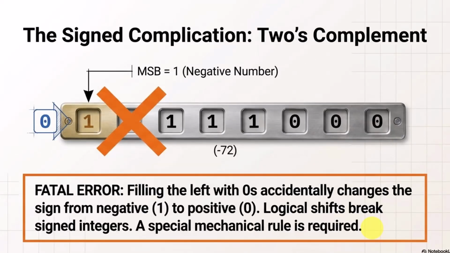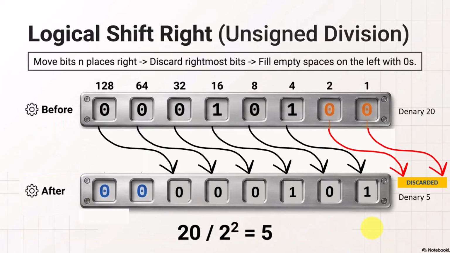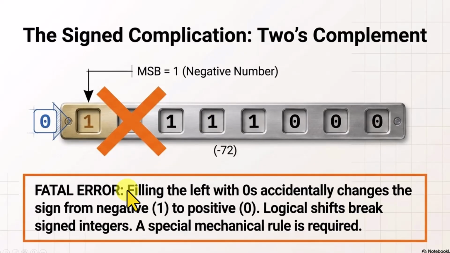If we perform this with the logical shifts, if we have a 1 here and that is our sign bit, that is not a part of the number. It does not work with that, because the MSB in signed integers is not a number, it's not a part of the number, it's just simply the sign.